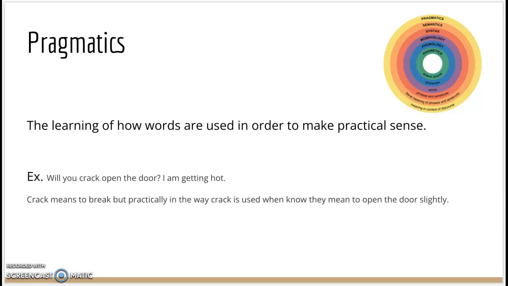And so that can be challenging for English language learners just because it requires a lot of knowing of the unknown. They would have to understand what would make practical sense, and in other languages, word order is different, and so what makes practical sense to us does not make practical sense in another language.